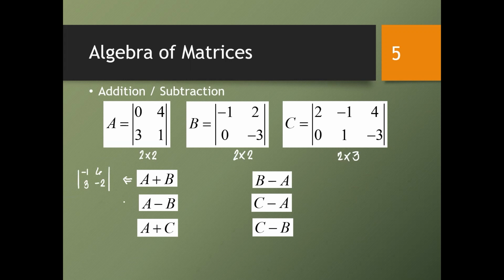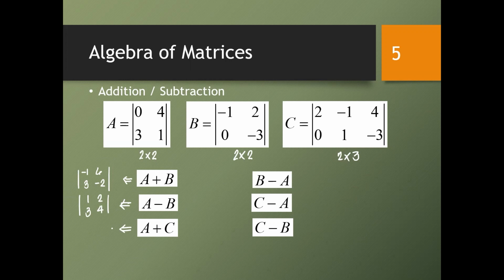Very good. A minus B. First row elements. 1 and 2. Second row. 3, 4. Very good. A plus C, guys. A plus C is not possible. Very good. Why?